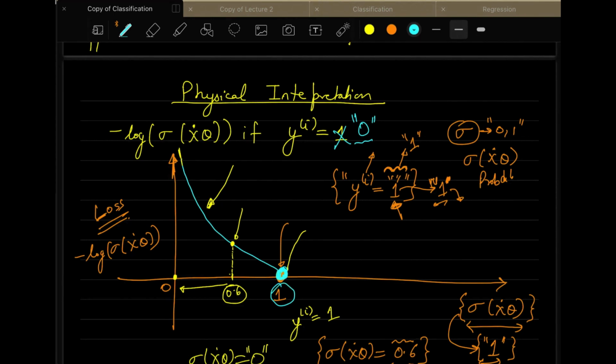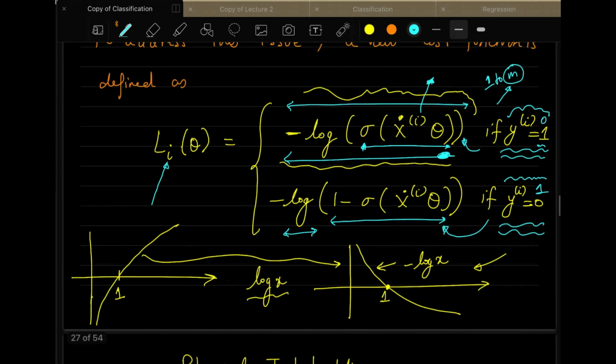You are making an error here, but it is not giving you any loss. Then you have to maximize the loss because you want to penalize it heavily. But right now you are not penalizing it at all, so this will not work.